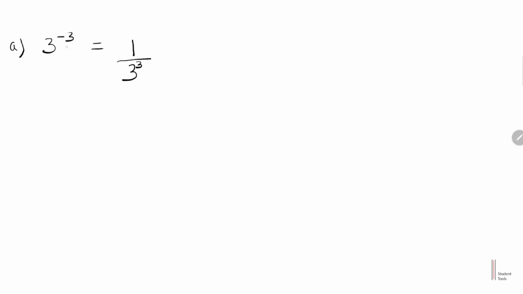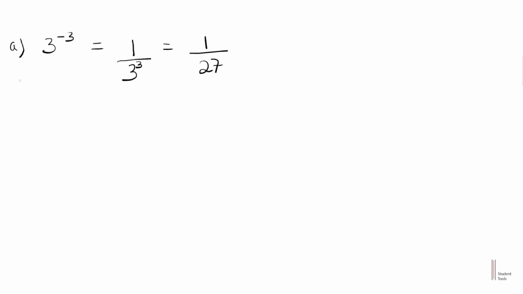Why? Because we have a negative exponent. So we will have 1 over 3 to the power 3. So what is that equal to? It is the same as 1 over 27, because 3 to the power 3 is equal to 27. And that is just the value of 3 to the power negative 3.